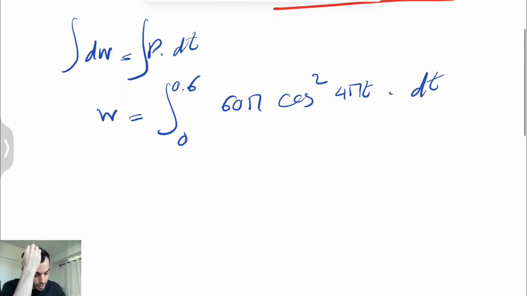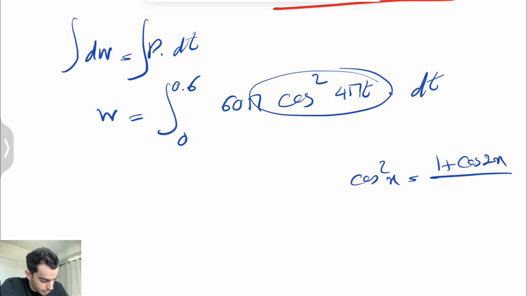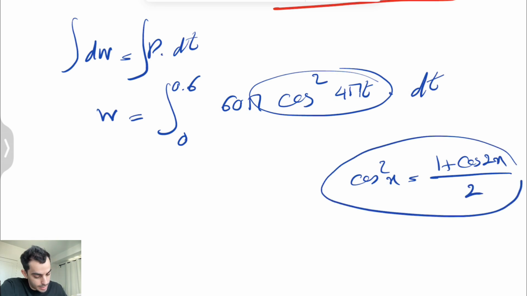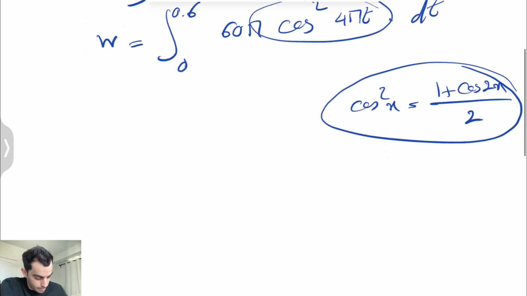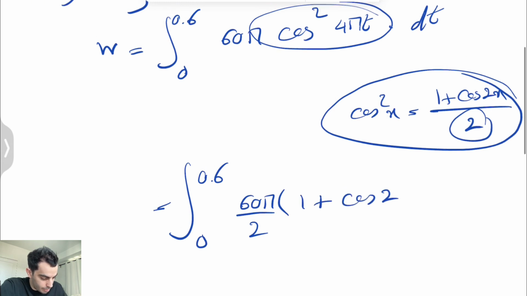The rest of this is just finding this integral, and what we need to remember in here is that cosine squared of x is equal to 1 plus cosine of 2x divided by 2, and that's how we're going to solve this integral. So from 0 to 0.6, 60 pi. I'm just going to factor the 1/2 outside of the parentheses, so 1 plus cosine of 2 times 4 pi t.